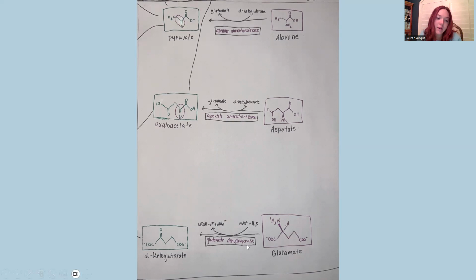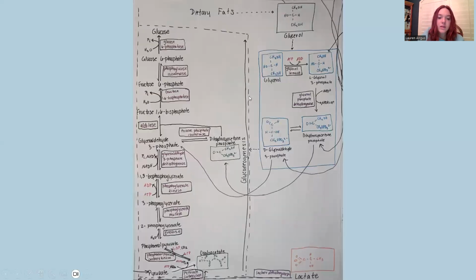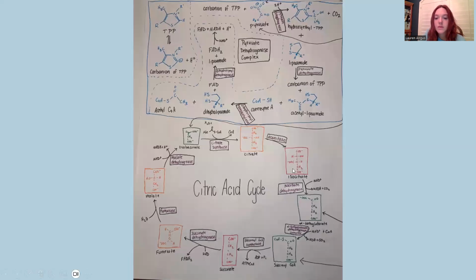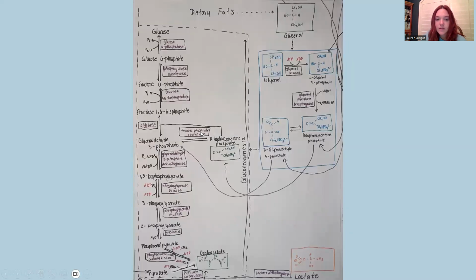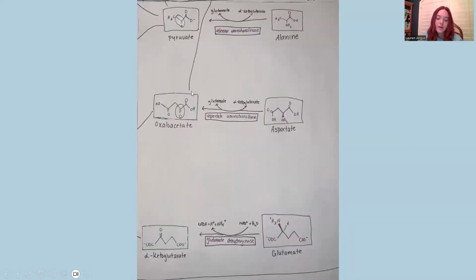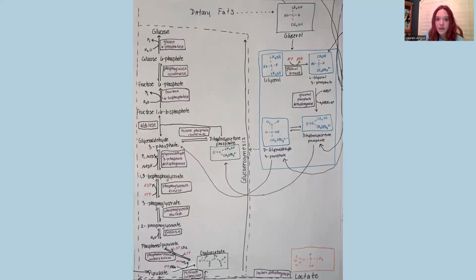So we need alpha ketoglutarate here for this process, but we also need alpha ketoglutarate within our citric acid cycle right here. And then we also have our oxaloacetate that was produced over this way that gets integrated into the citric acid cycle as well. Or oxaloacetate can be added to gluconeogenesis right here.